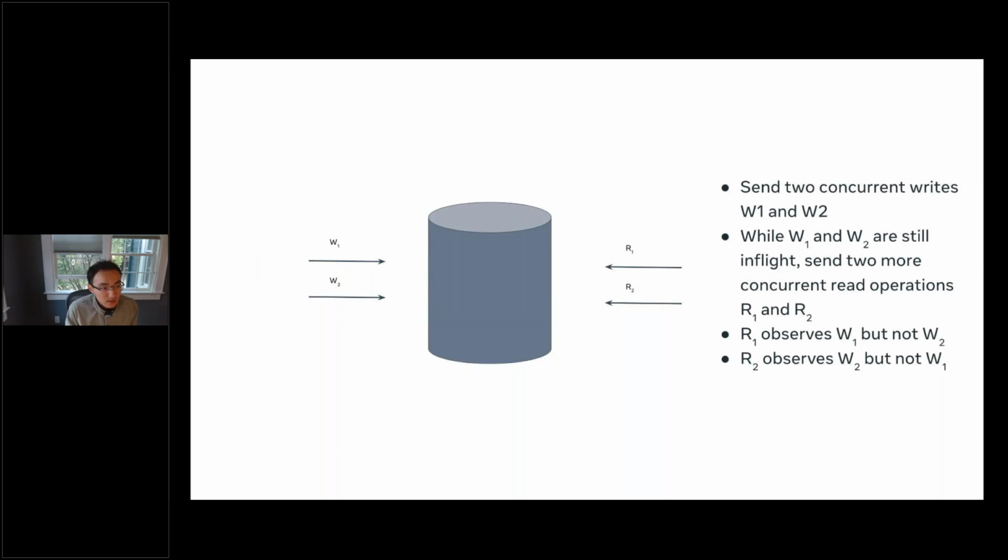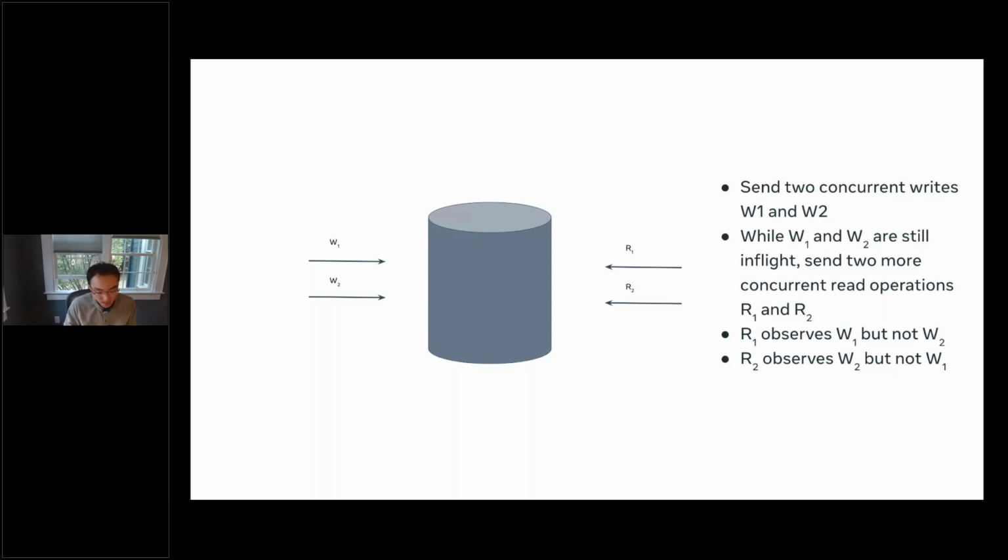If you look at this example, assume you have 2 concurrent writes, W1 and W2, to the database. While W1 and W2 are in flight, let's say we also have 2 concurrent read operations, R1 and R2. If R1 observes W1 but not W2, and R2 observes the opposite, W2 but not W1, then this is not linearizable by definition, because R1 implies that W1 happens before W2, but R2 implies the opposite.